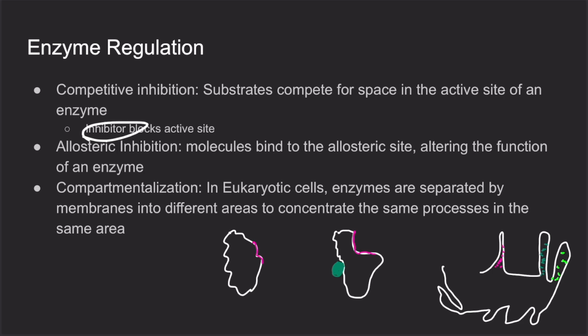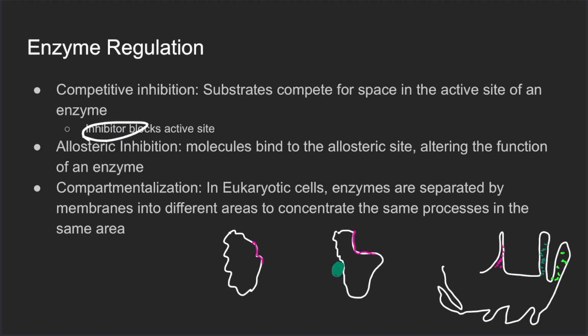No reaction takes place because that inhibitor is not going to want to react with anything. But the substrates that would have reacted now can't, because something is blocking them. It'd be like trying to park in a parking space, but there's already a car there. It's like, well, crap, I've got to drive around for 20 minutes trying to find another parking space. That's competitive inhibition.